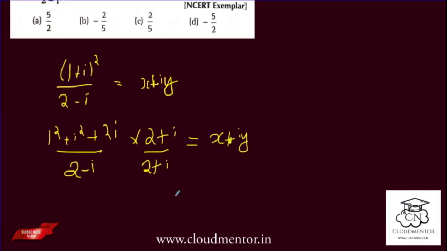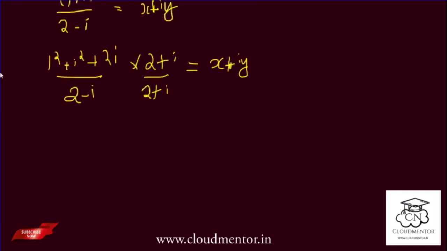Then here i square is minus 1, so that gets cancelled, and we get 2i multiplied by (2 plus i) divided by, this is (a plus b)(a minus b), that means it will be 2 square minus i square, and that's equal to x plus iy.